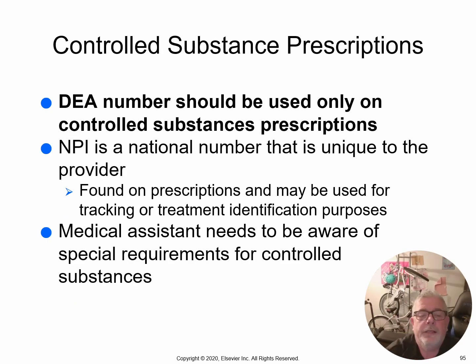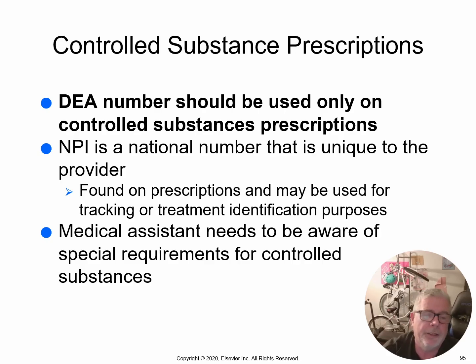Now again, the DEA number should be used only on controlled substances prescriptions. Not every provider has a DEA number. A DEA number is a certification that a provider has that basically costs a lot of money and permits them to prescribe controlled substances under appropriate circumstances. The NPI number is a national number that is unique to the provider.